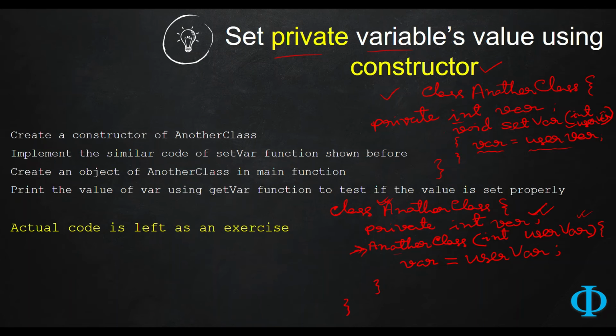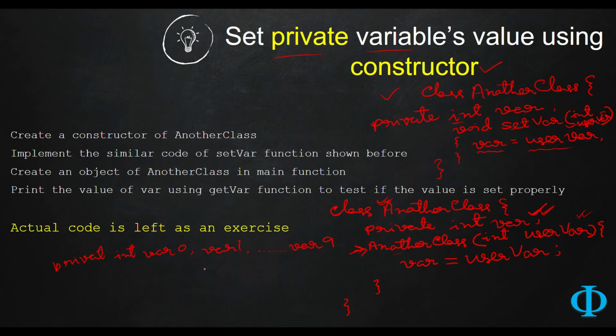For example, let's say your class has 10 different variables: var 0, var 1, var 2, and in this way until var 9. So 10 different private int variables. This is inside your class.